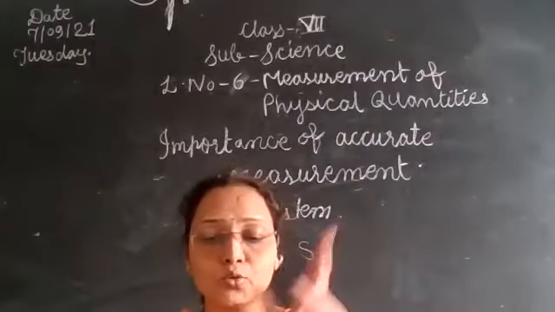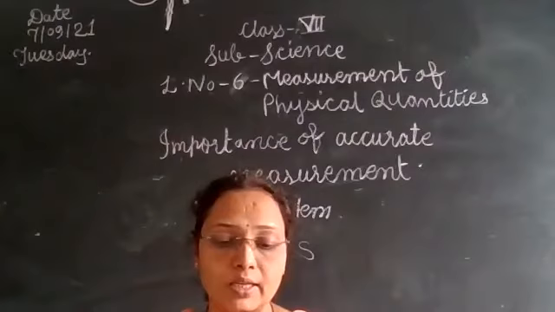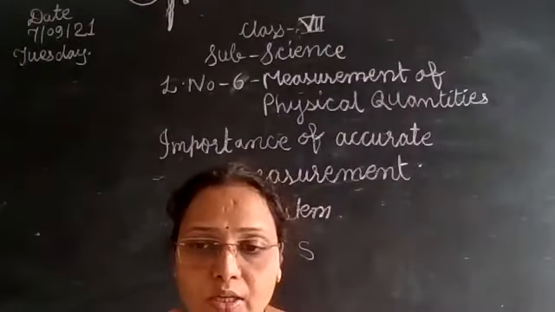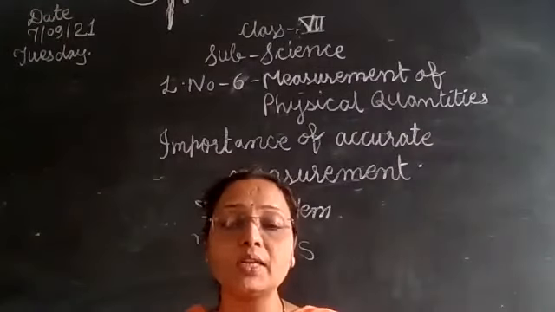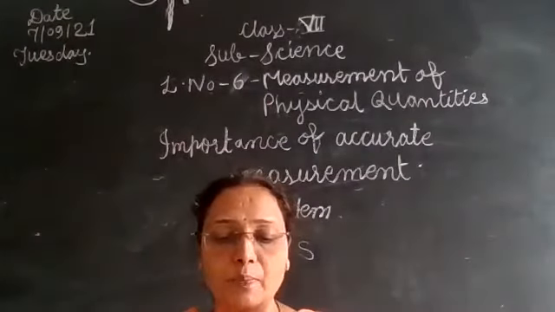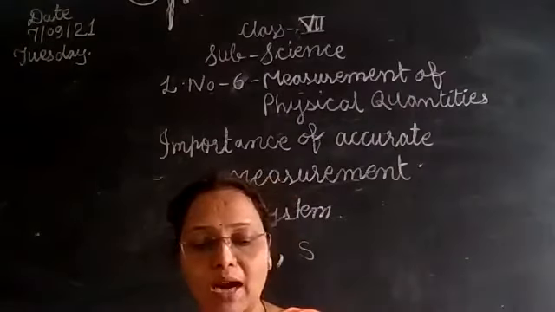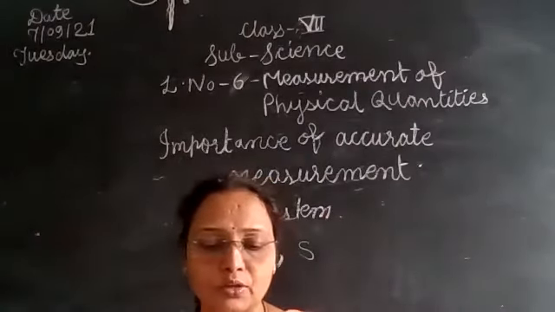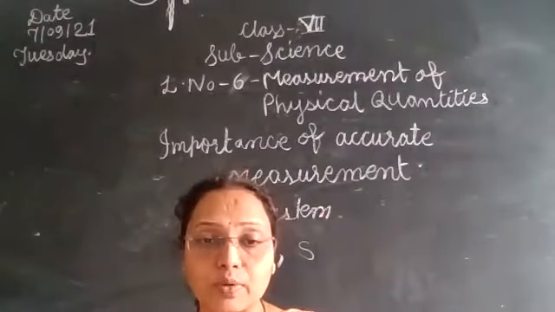Also we learn there are two types of physical quantity: scalar quantity and vector quantity. Okay children, scalar quantity means a quantity that can be completely expressed by its magnitude alone, that means a value with unit.